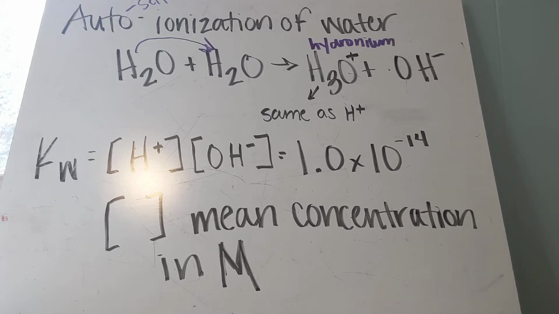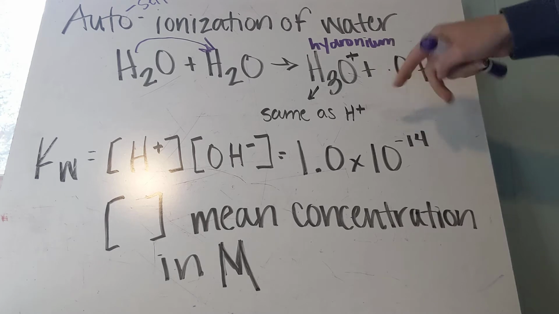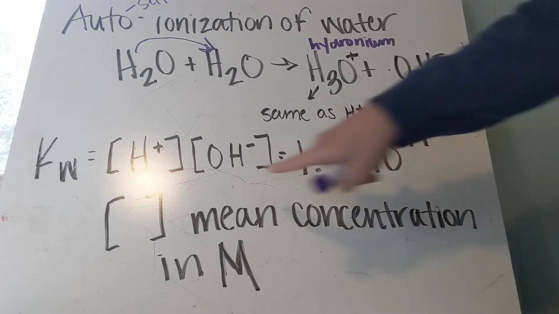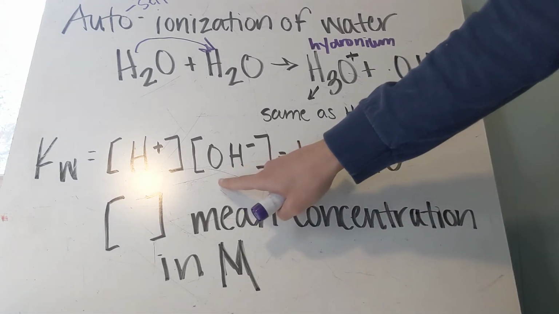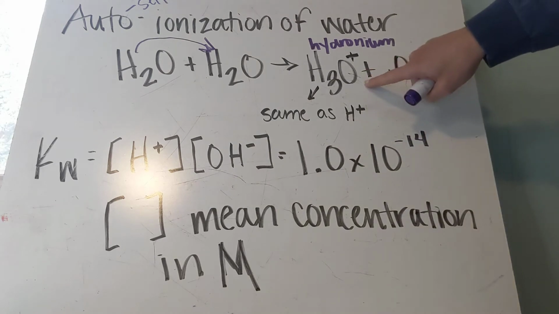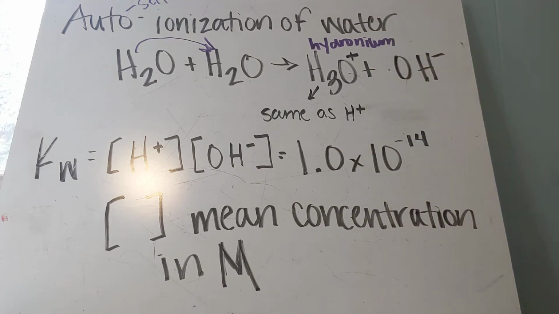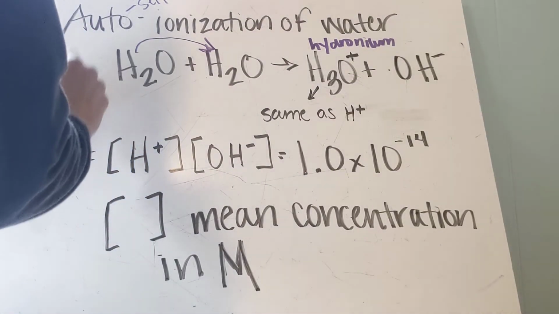Something else that I want to point out to you is that chemically, hydronium and hydrogen plus, H plus, which you will see a lot, you can see it in this equation down here. Hydrogen plus and H3O plus are chemically the same. I can show you an equation to prove that real fast.